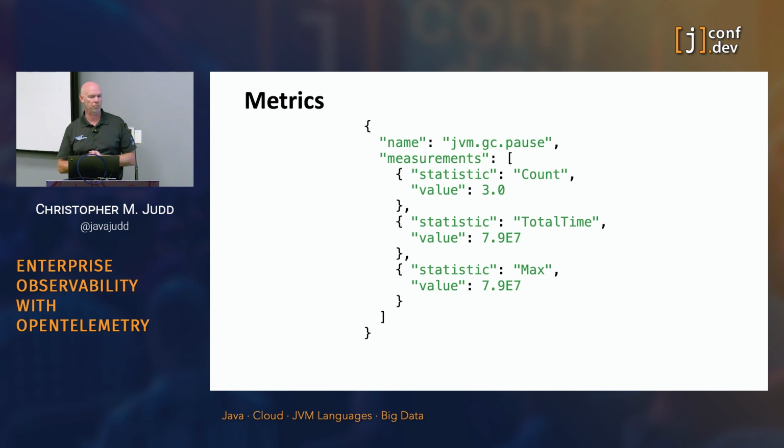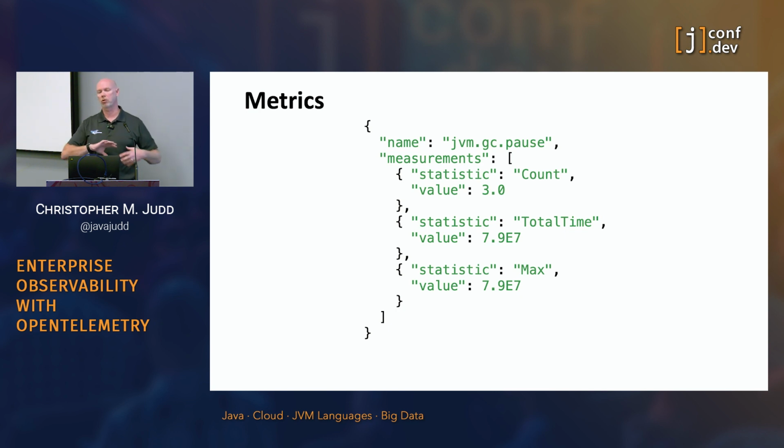And so you've probably been capturing metrics through JMX or maybe through Spring Boot's Actuator. But it's going to be some type of number associated with something. So this happens to be garbage collection pauses, and specifically the number of times, the total time it spent, and the maximum time it spent in the pausing of your garbage collection.